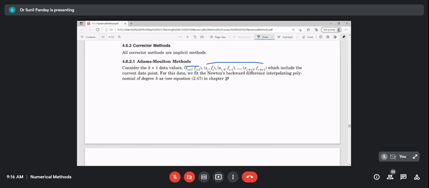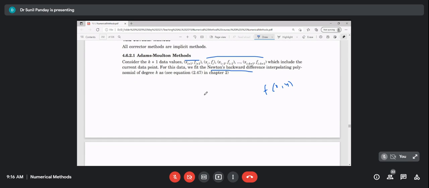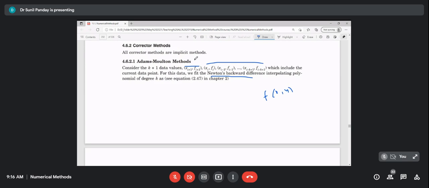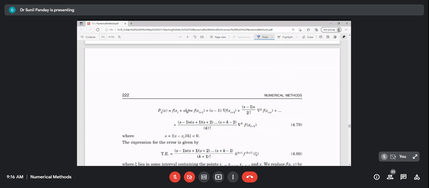And then we use the same procedure to approximate the f of x, y inside the integral by the Newton backward interpolation formula. Since here we have k plus 1 points, it means we can fit a polynomial of degree k. This is the Newton backward interpolation formula.